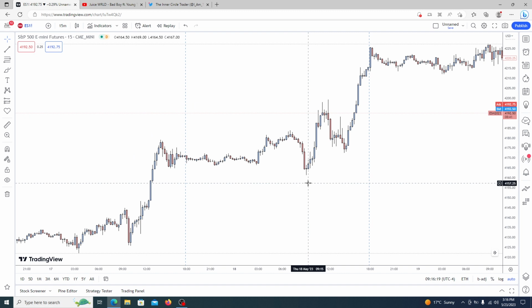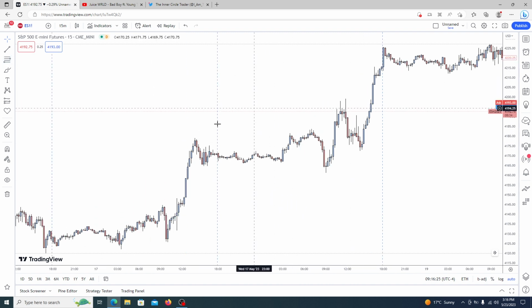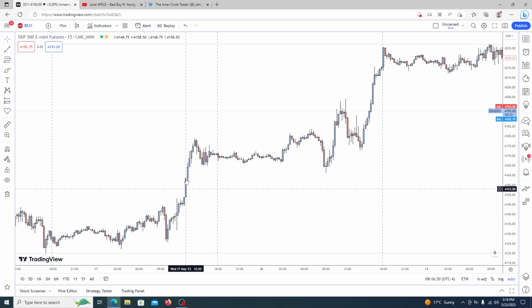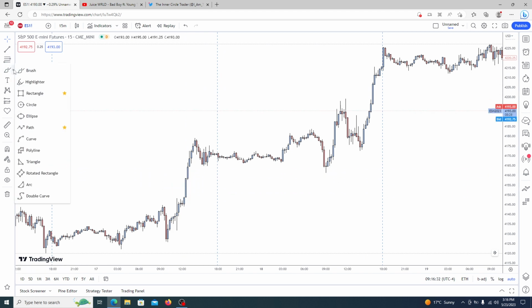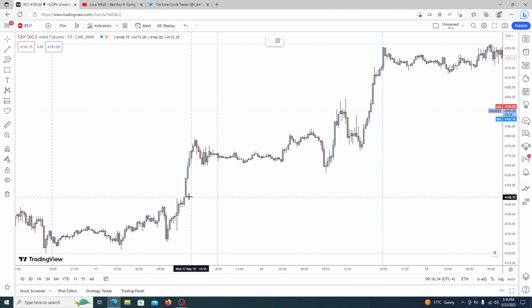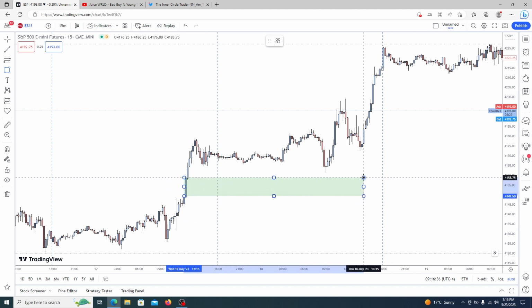Let's look at a last example of this idea. Let's look at this particular swing, and then we have this fair value gap as well as this one down here, which we will annotate, expecting a move lower.